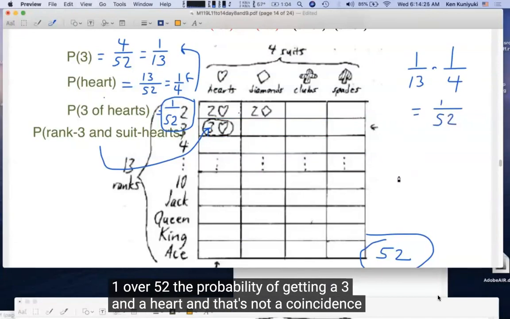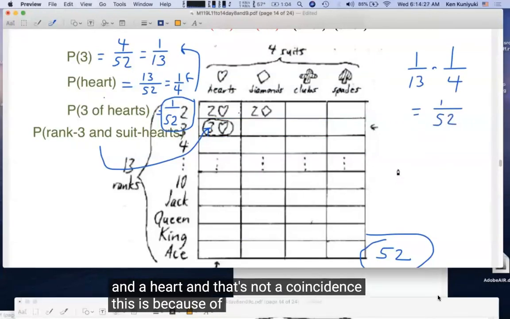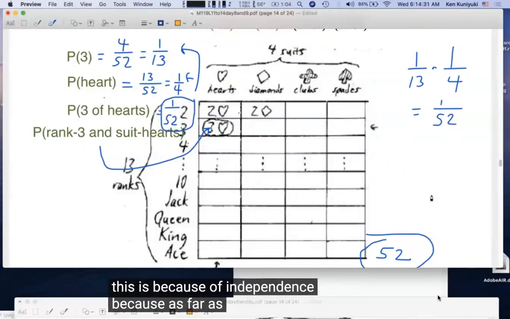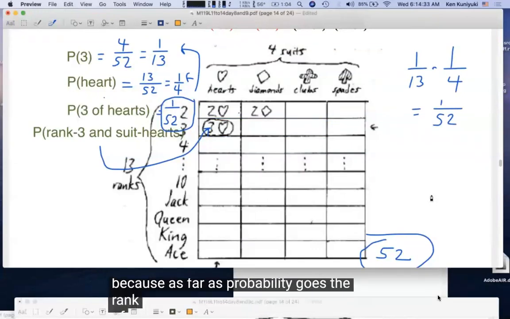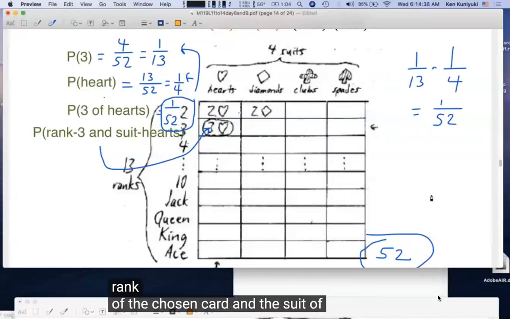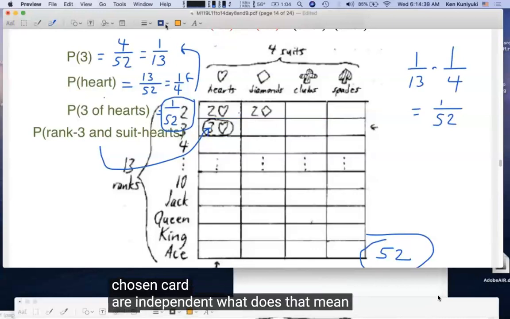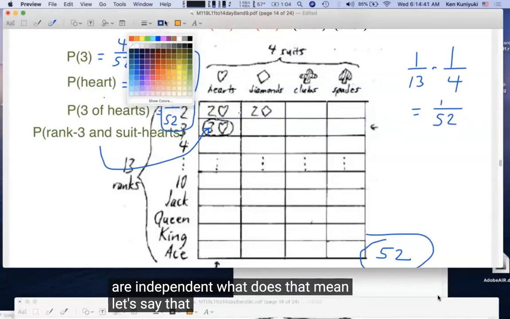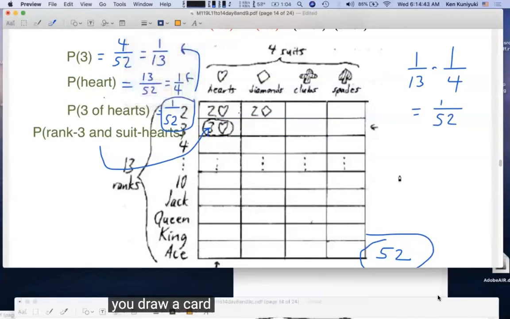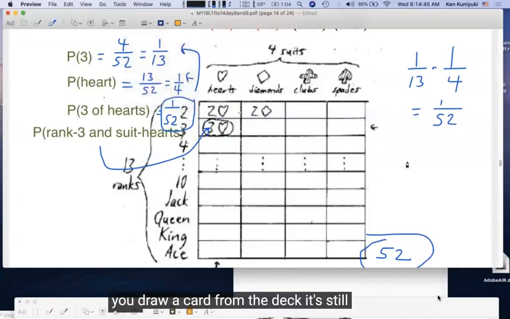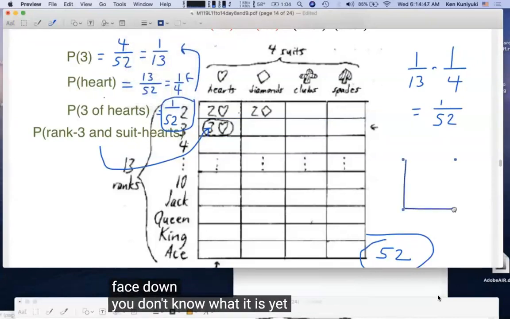And that's not a coincidence. This is because of independence. Because as far as probability goes, the rank of the chosen card and the suit of the chosen card are independent. What does that mean? Let's say that you draw a card from the deck. It's still face down. You don't know what it is yet.